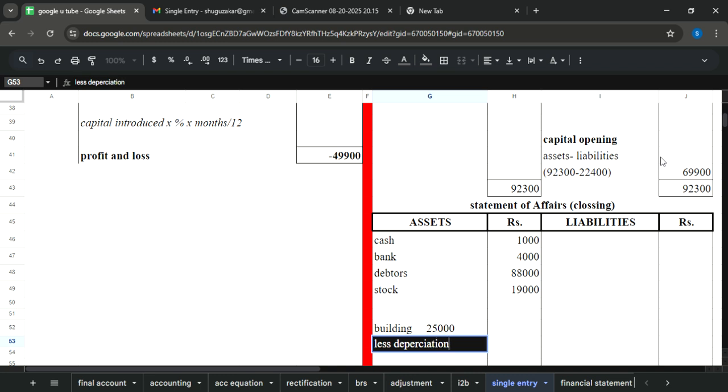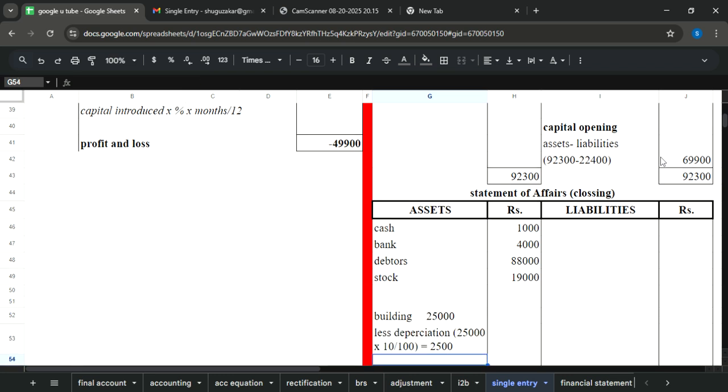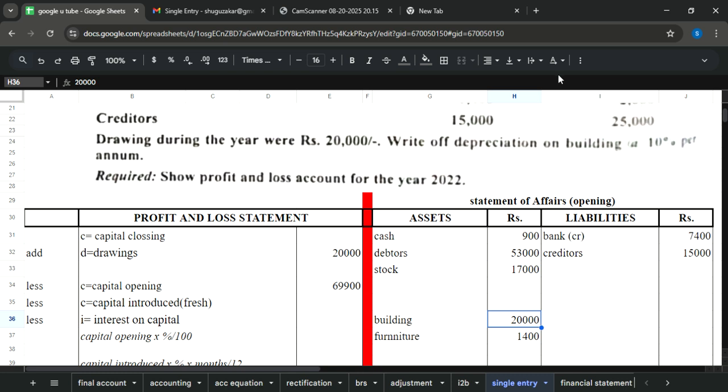And how will you calculate? 25,000 is your value of asset. You will multiply it with 10 divided by 100. You will get its depreciation, and that would be 2500. So guys, in this way this depreciation is calculated. Simply what you will do, total amount of asset 25,000, and you will subtract its depreciation 2500. So it means this second adjustment is also completed.